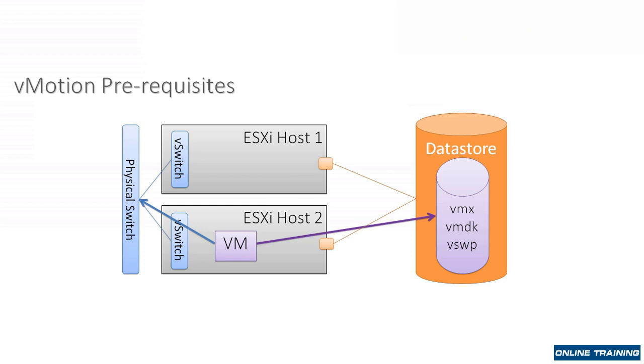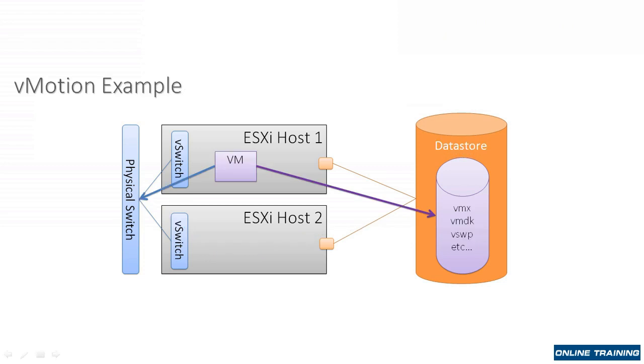The IP address of the virtual machine does not change, so that address still needs to provide connectivity when that VM moves to another host. Now this is a very basic look at some of the prerequisites for vMotion. If you want to learn more details on this, check out my vSphere Foundations course, which should be coming out shortly after this course is released.